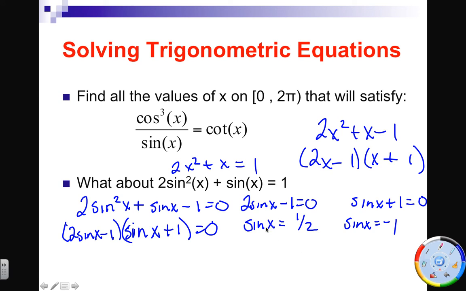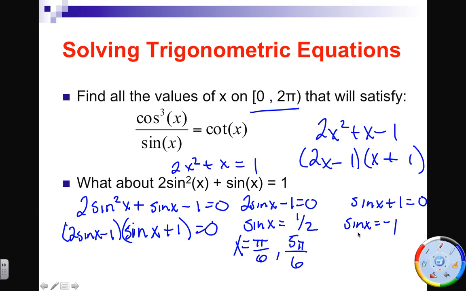Well, I know sine of x, and remember the same thing from 0 to 2 pi, sine of x is equal to half at x equals pi sixths, which is 30 degrees. And where else? Let's say 150 degrees, which is actually 5 pi over 6.